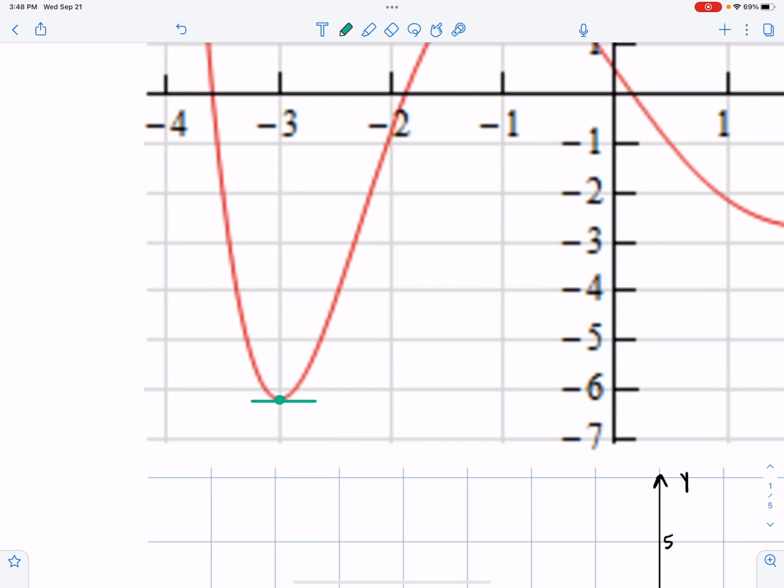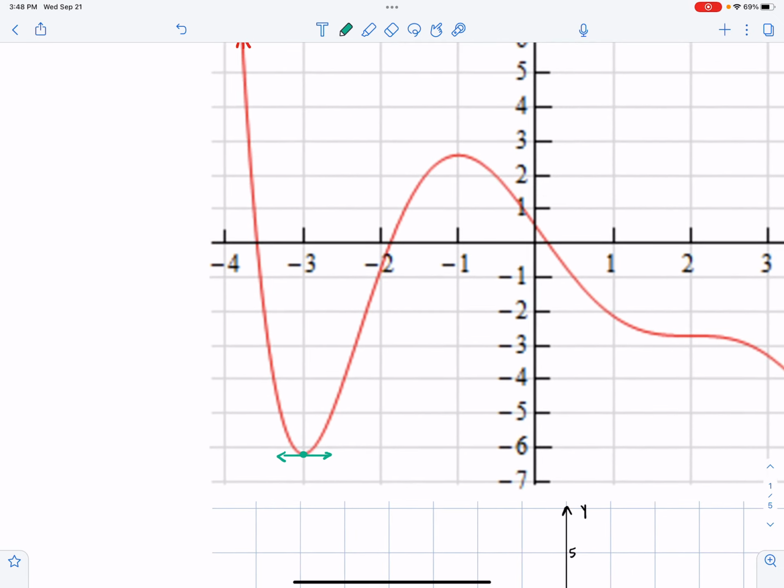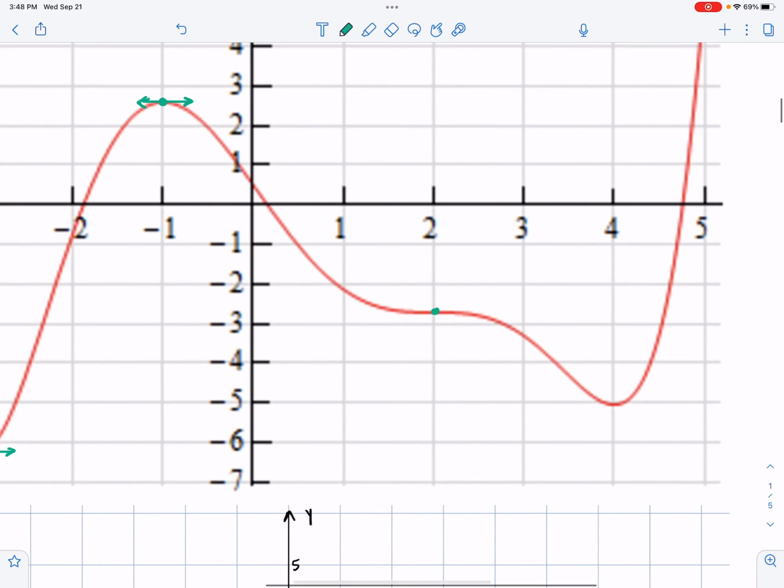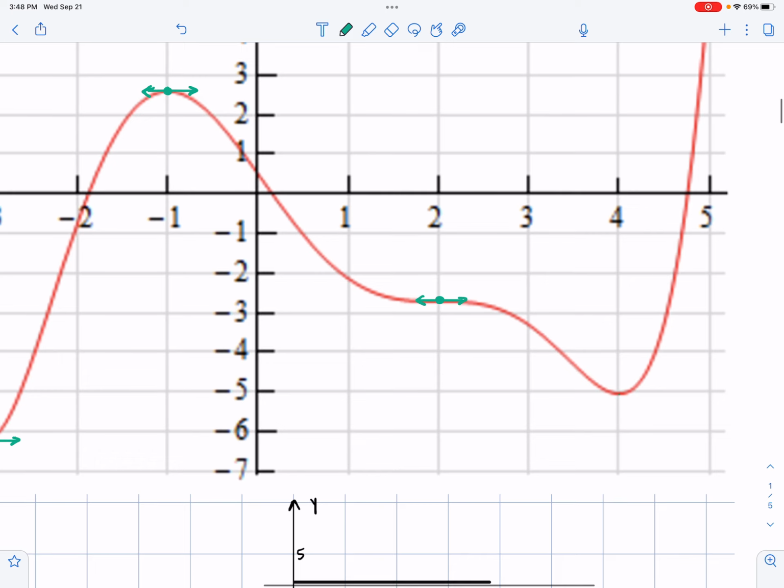So it looks like at x equals -3, there's a horizontal tangent line, and x equals -1. And this is just eyeballing the graph, right? I don't know the actual equation. It also looks like the graph levels off at x equals 2, and we could say there's a horizontal tangent line there.